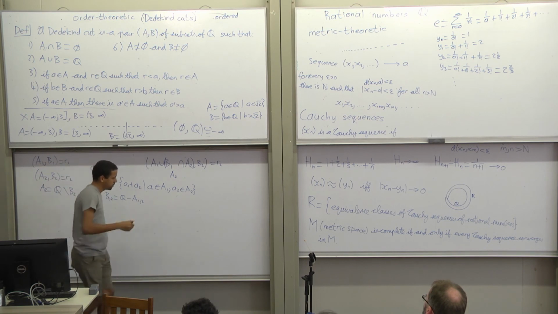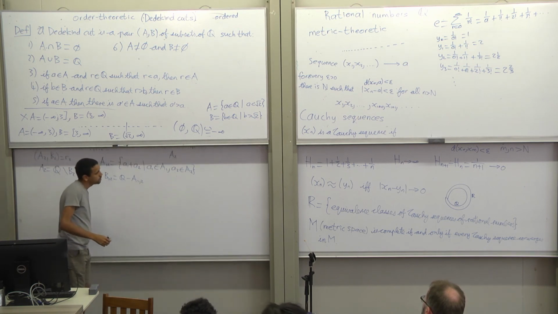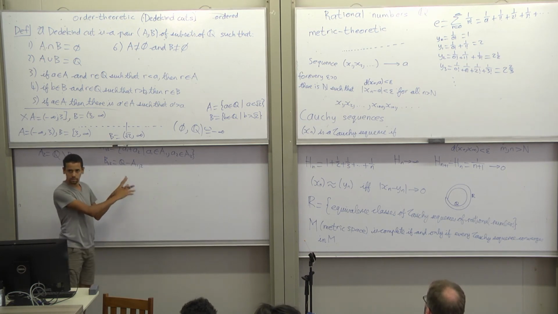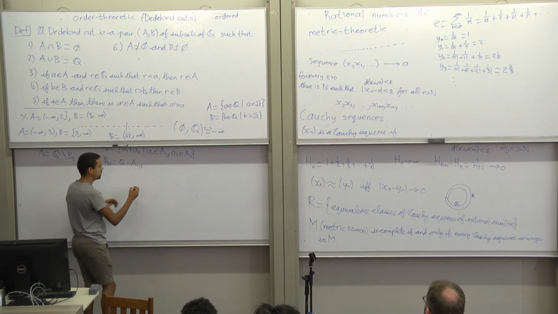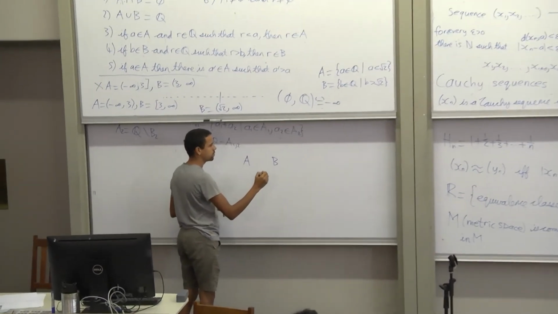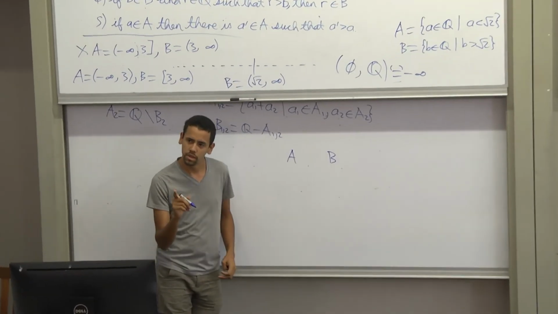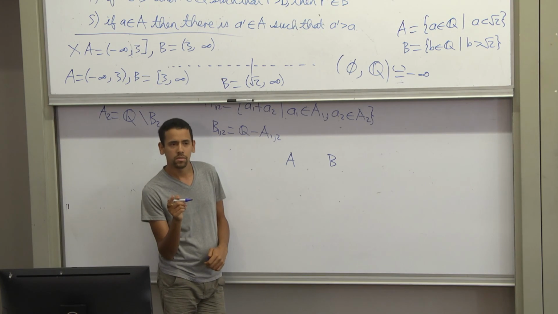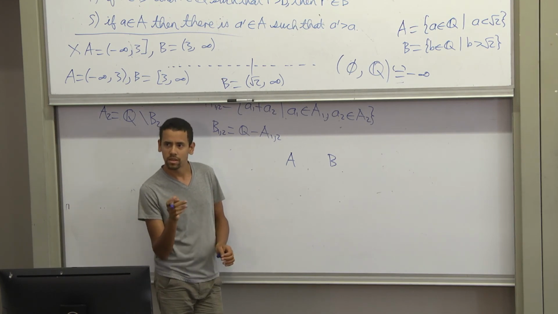Let's suppose these are now Dedekind cuts of real numbers, not of rational numbers. I have A and B. First of all, what do you mean by open? Not an endpoint, so it's an open bracket.